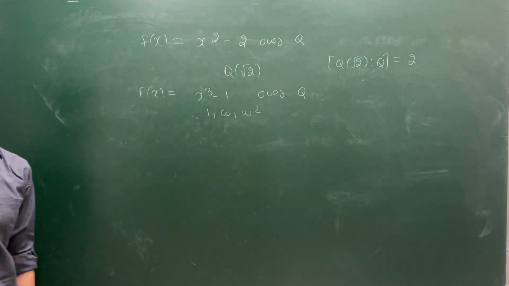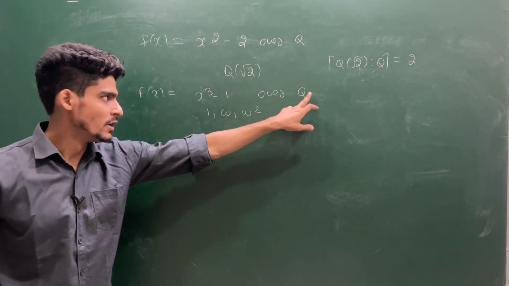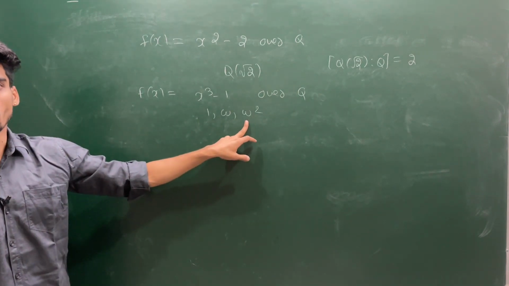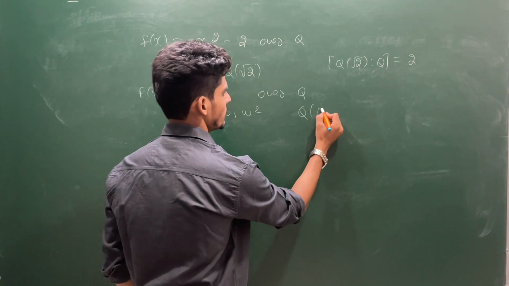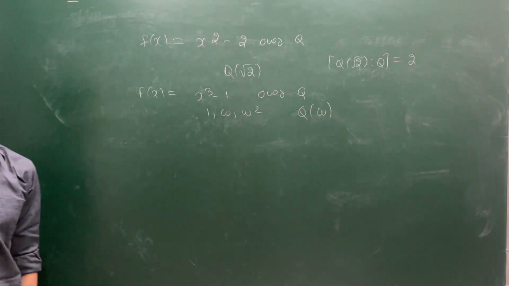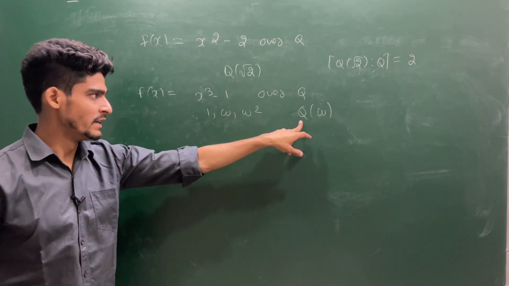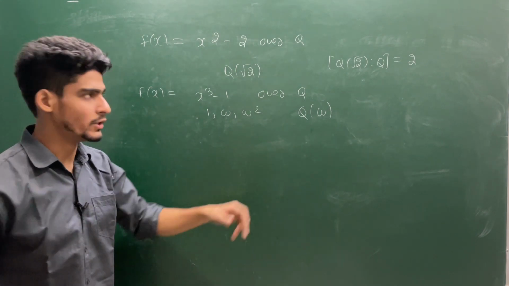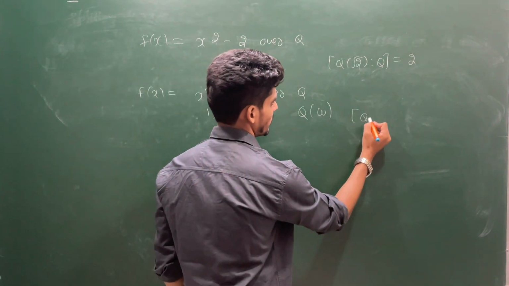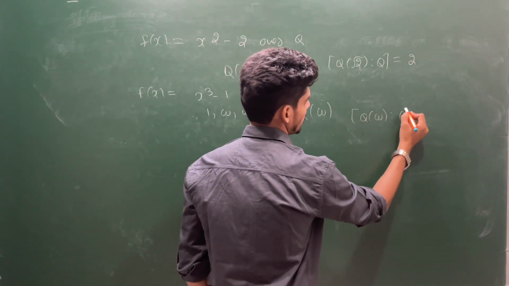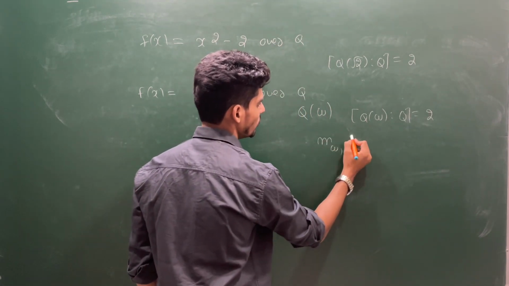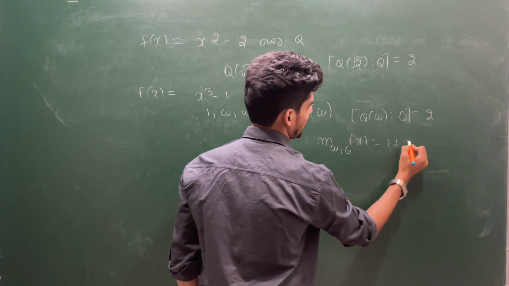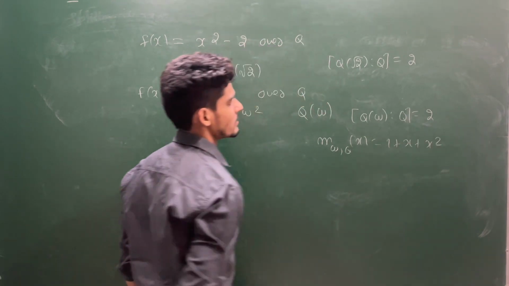So you are looking for the smallest possible extension of Q which contains omega, omega square and 1. So the smallest possible choice will be Q(omega), and the degree of this extension will be 2, because the minimal polynomial for omega over Q is 1 plus x plus x square.